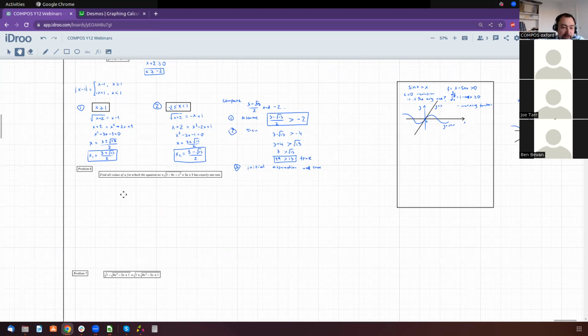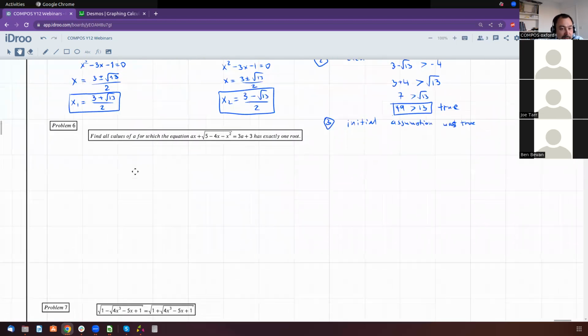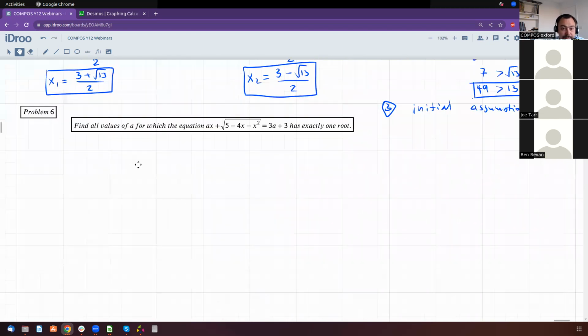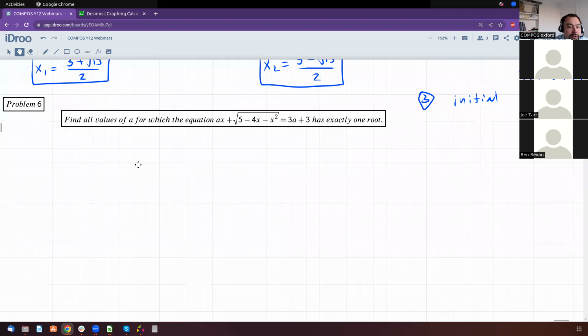Okay, the next problem is, I love these. This is called an equation with a parameter.